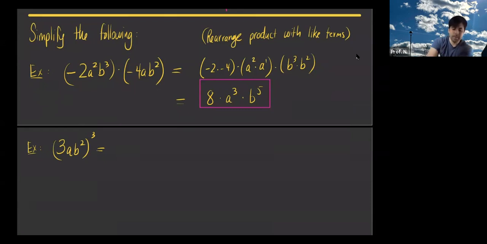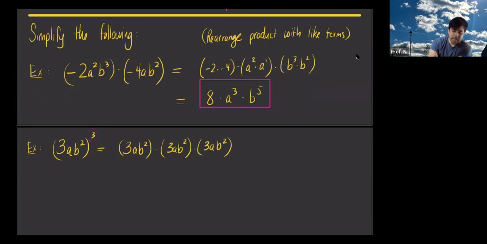Now, one way to interpret this is I have this 3 outside, which means that I'm really doing this: 3ab squared multiplied by 3ab squared multiplied by 3ab squared. I'm multiplying it to itself 3 times.